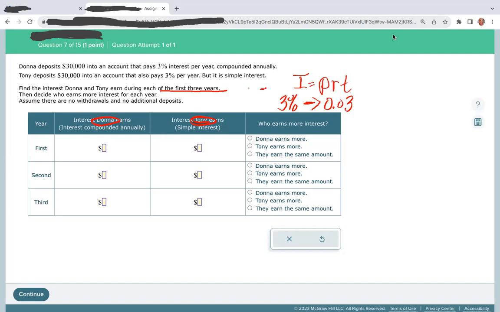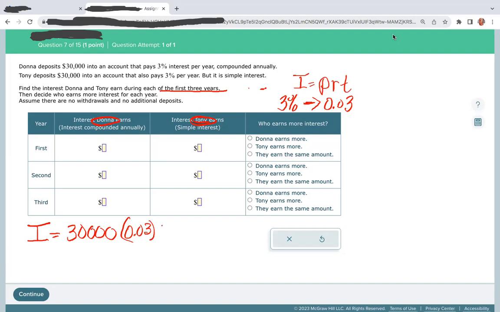So now that we have all this information, we can calculate how much interest Tony is earning at the end of every single year for the first 3 years. The I value will equal his total deposit of $30,000 multiplied by the interest rate, which we converted to a decimal. It's a great habit to form to convert your percents to decimals.